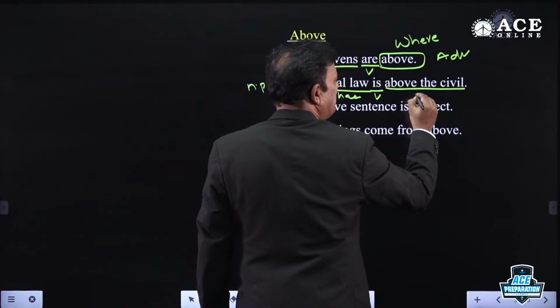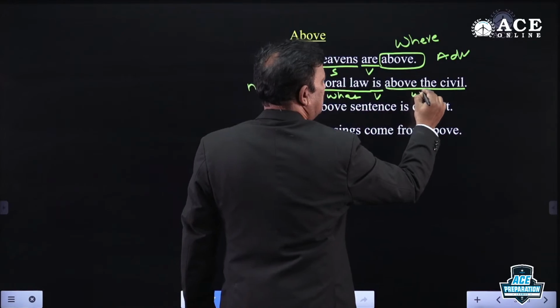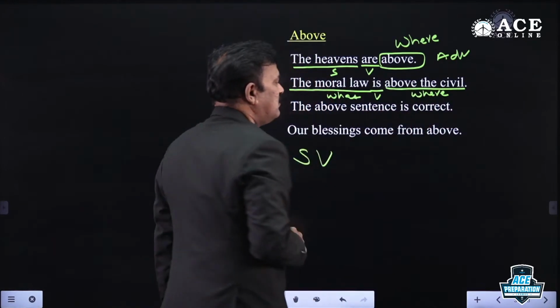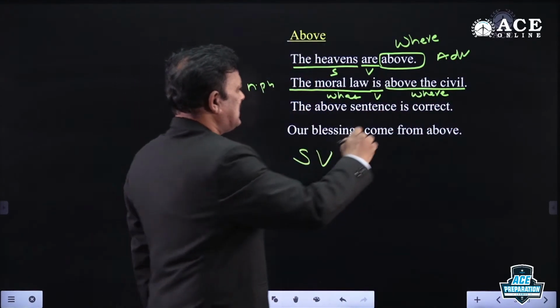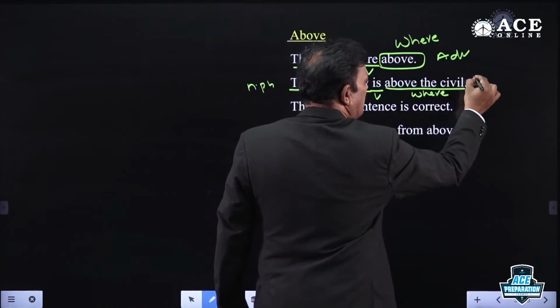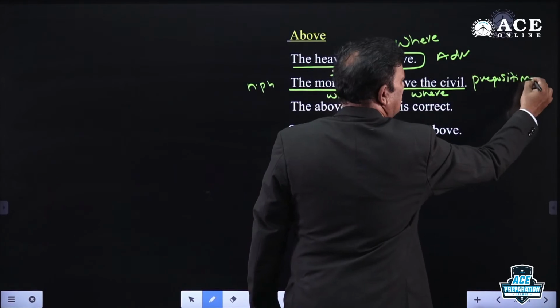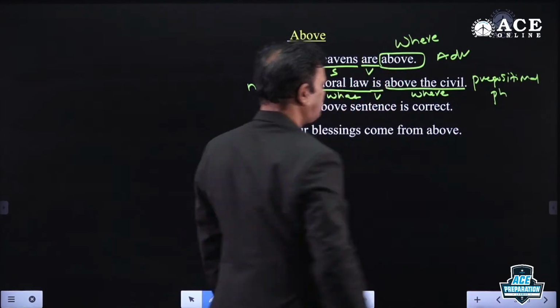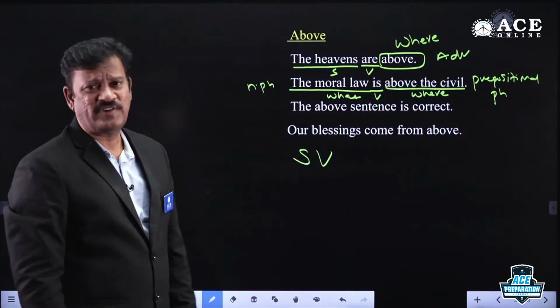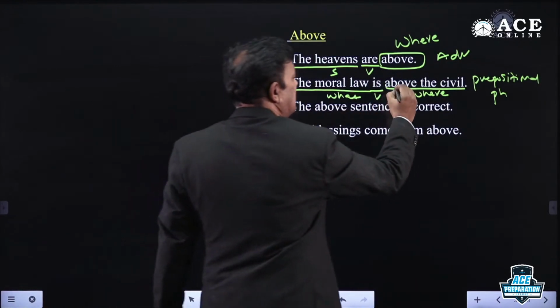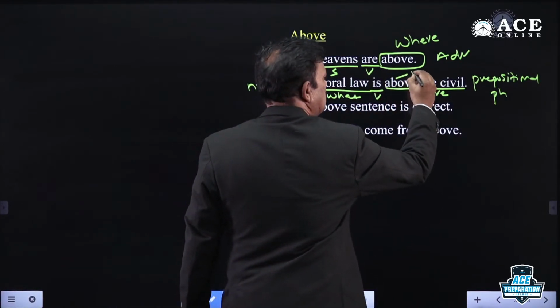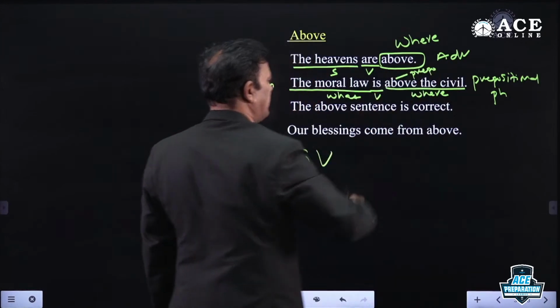I have a group of words for this question where. So this has to be a prepositional phrase, and a prepositional phrase begins with a preposition. So this word is used as a preposition.